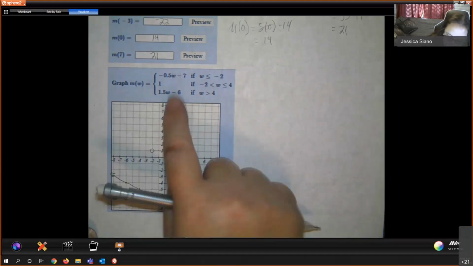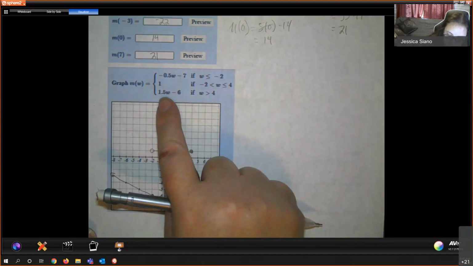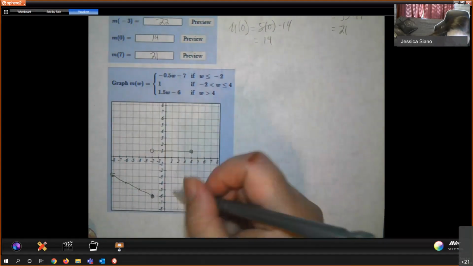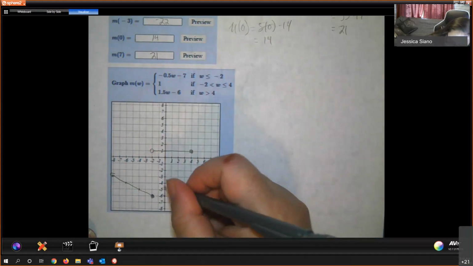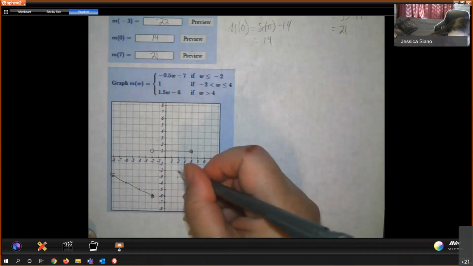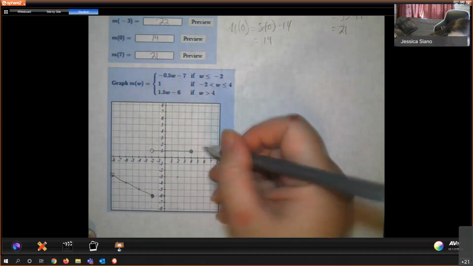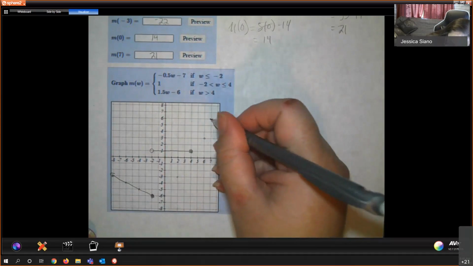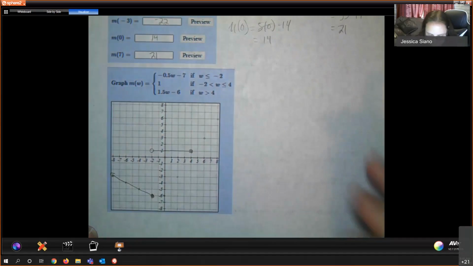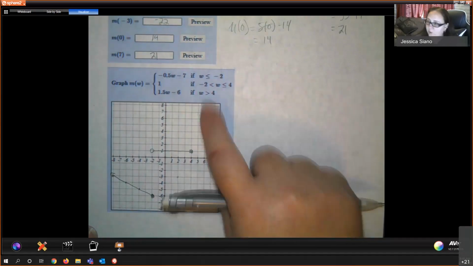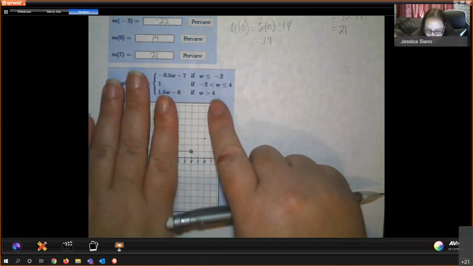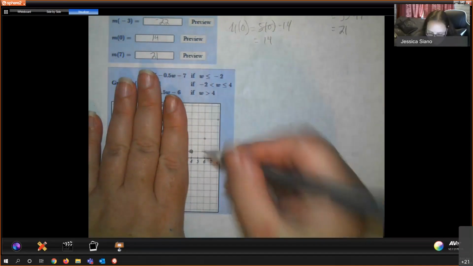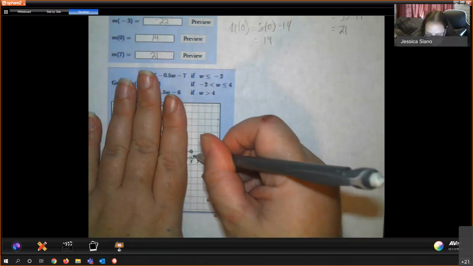Okay, last but not least, 1.5w, that's 3/2, w minus 6. So start at negative 6, go up 3 over 2. But this graph only exists when w is greater than 4. So it doesn't start until this point right here.